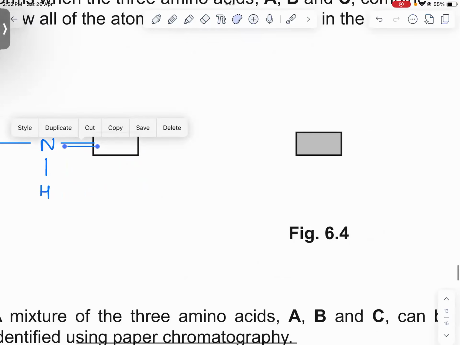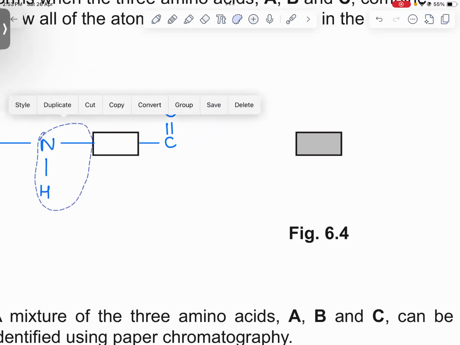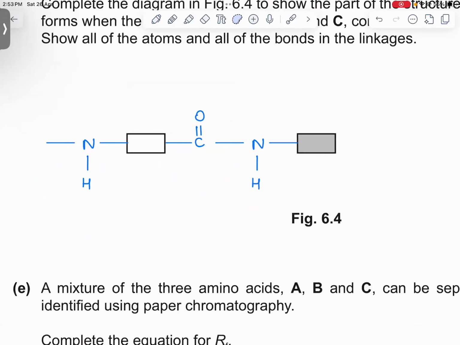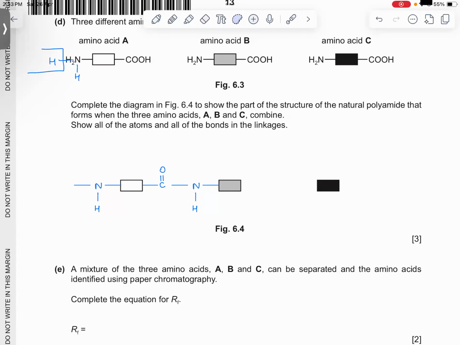All right, and then we have on this side the carboxylic acid functional group, as we can see, the C double bond O. Then the same structure will repeat again over here between these two.